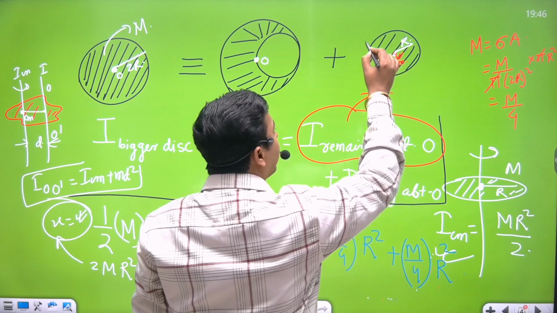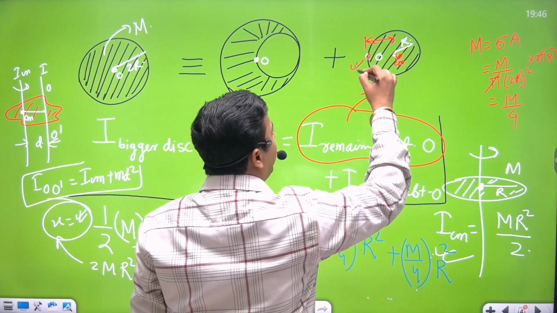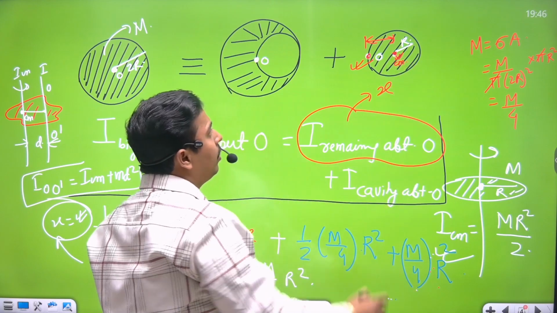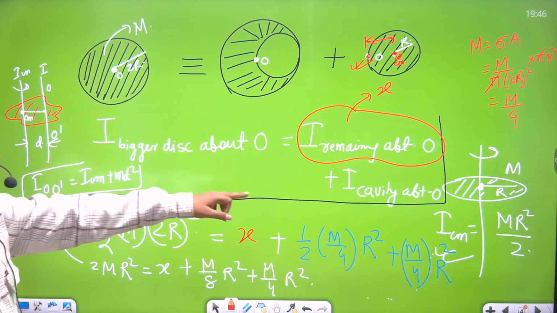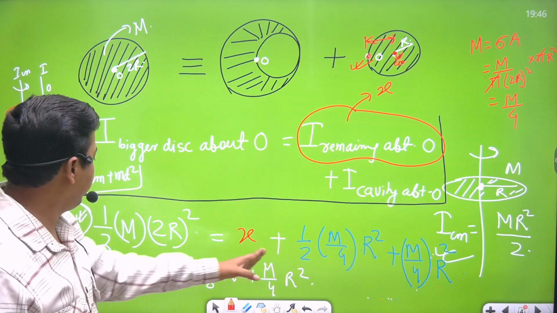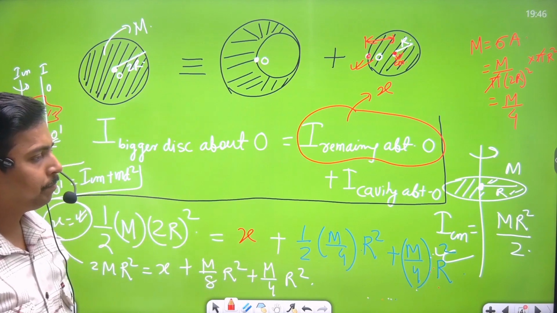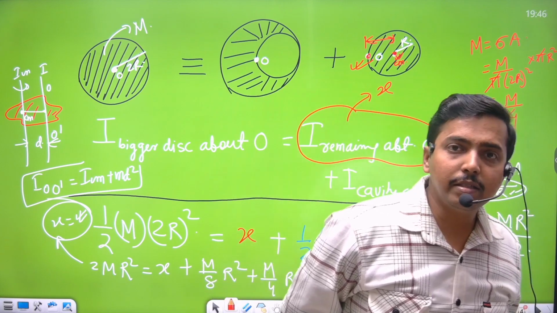You have to find it about O, so apply the parallel axis theorem and you get the moment of inertia of this cavity about O. When you subtract this, you can find the value of x. Fine, this is the whole funda.